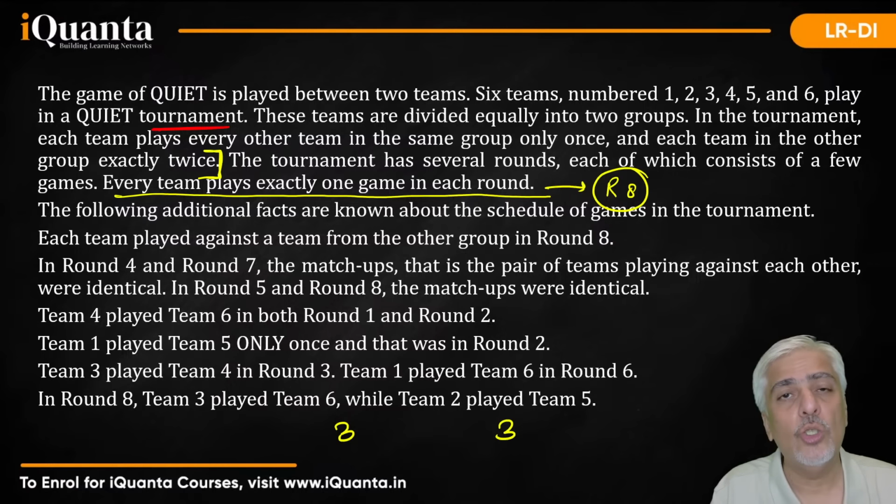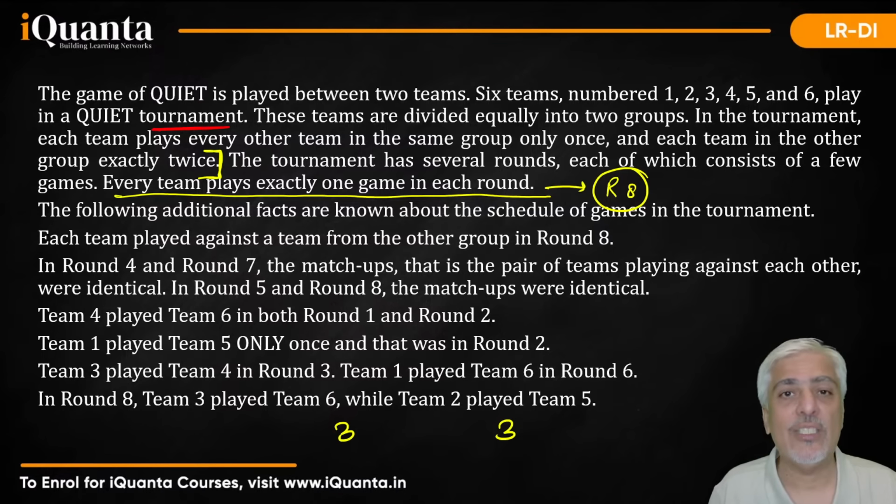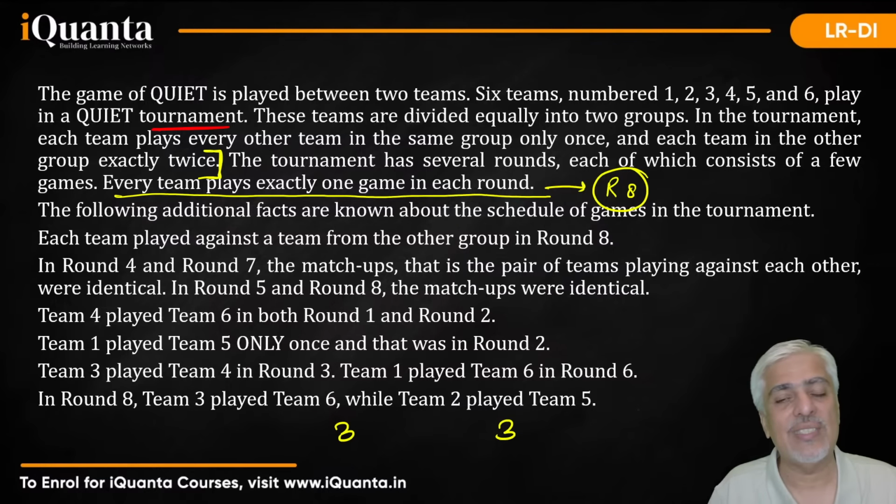So now I also know that in every round, there will be 3 matches. Why 3 matches? Because there are 6 teams and everybody has to play. In one match, 2 teams will play. So suppose 1 plays 4, 2 plays 5, 3 plays 6. So every round there will be 3 matches.